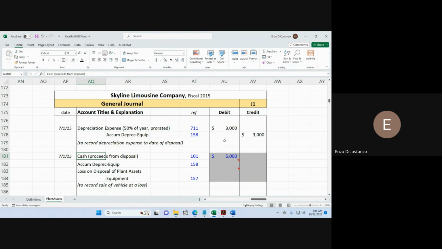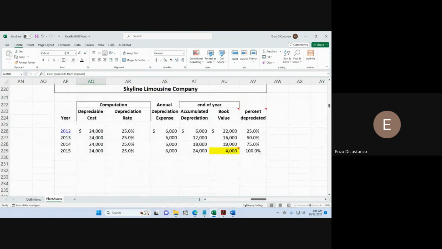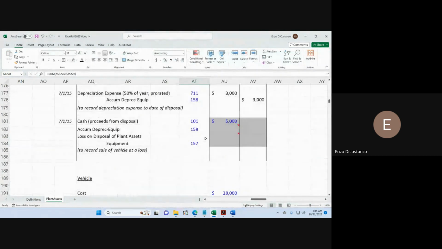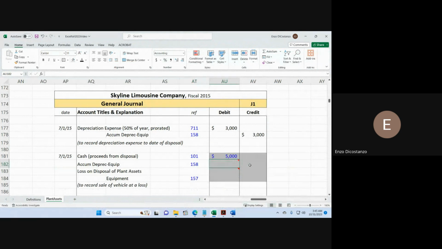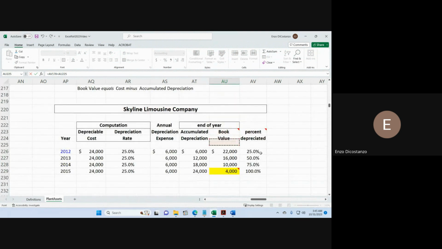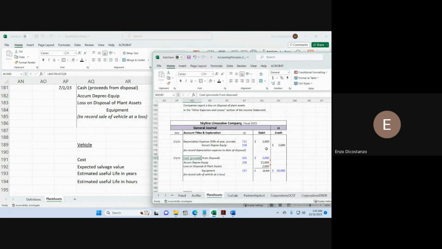Yeah, this is only depreciated 50% for the final year. So what you would do is you would take the 14 number and add 3. So that'd be 21. This would be 21. Okay. So this equals this thing plus 18. All right, that's your 21.